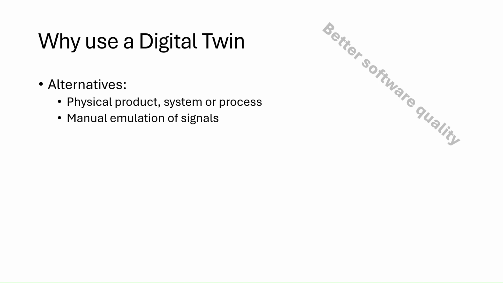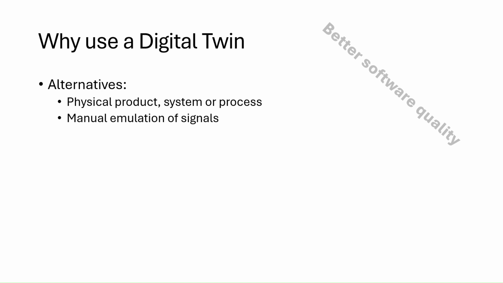Suppose you have some machine, for example, with a PLC, then of course it's possible to test that, and that would be actually quite great to be able to test that on the machine, and then you have actually the best testing environment.